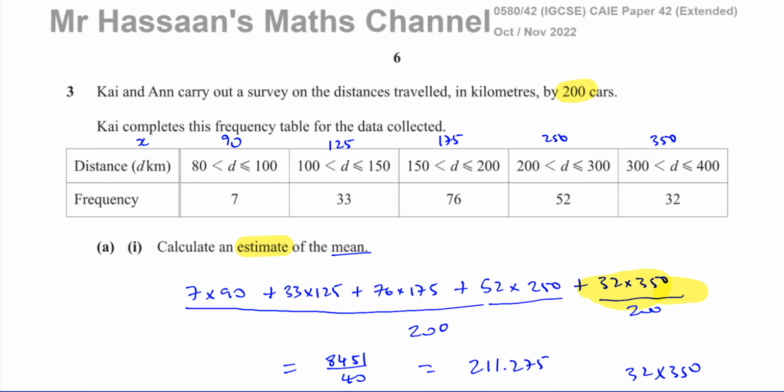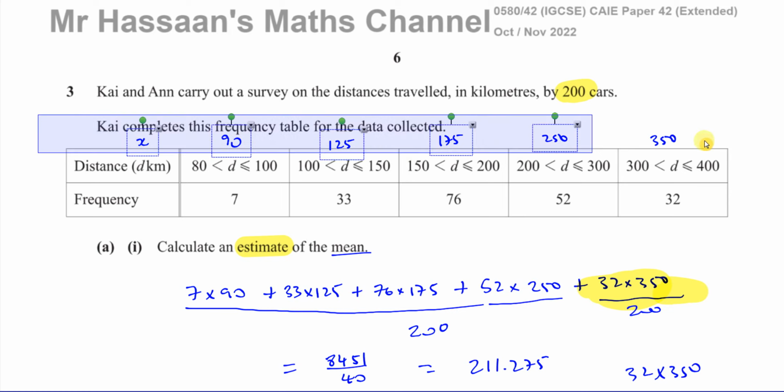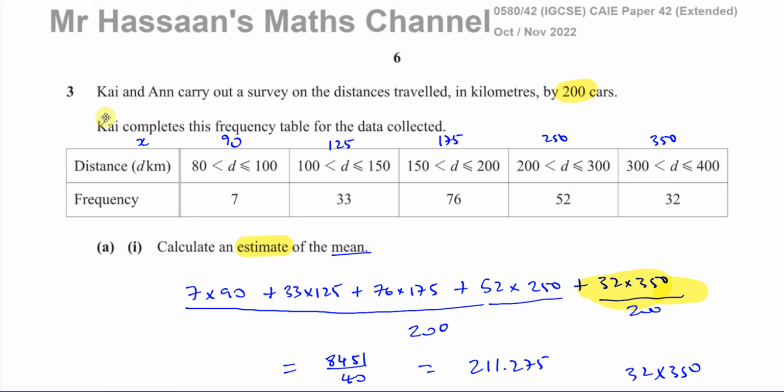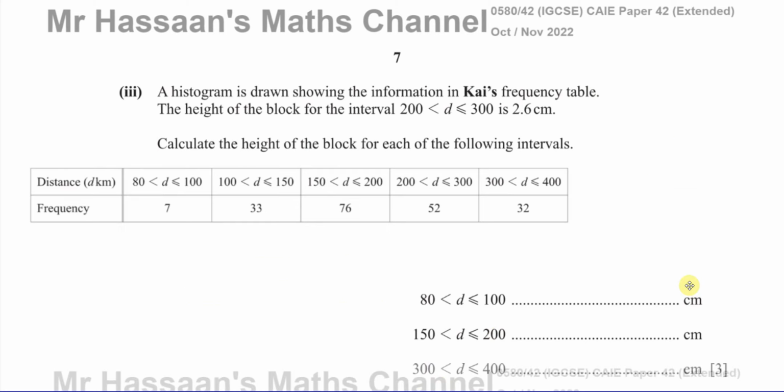So I'm going to actually take this information here. Let me just move this out of the way for a second. Okay, so here's the frequency table from the last page. It says a histogram is drawn showing the information in Chi's frequency table.